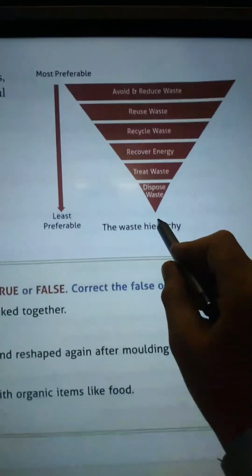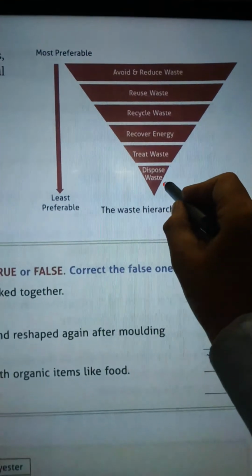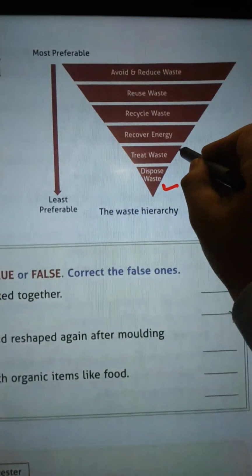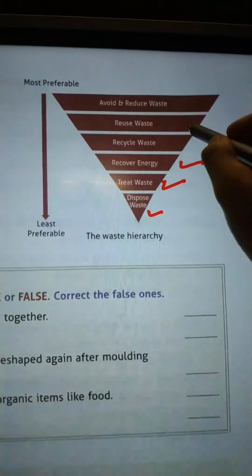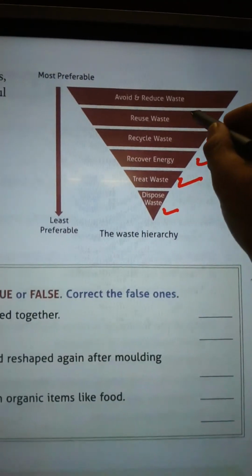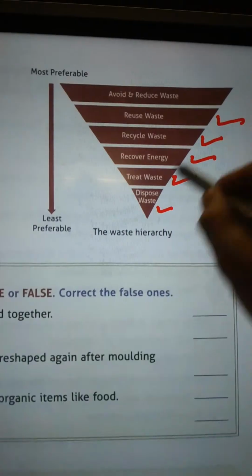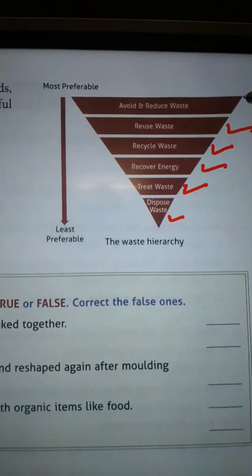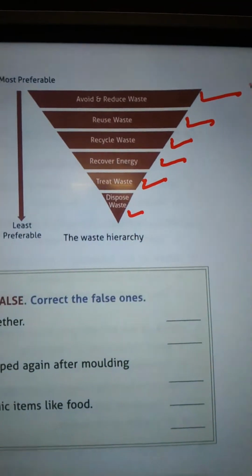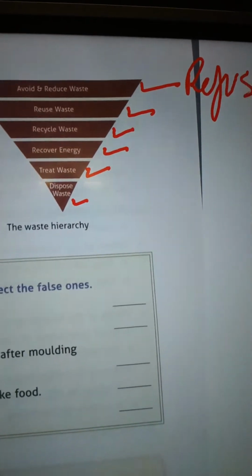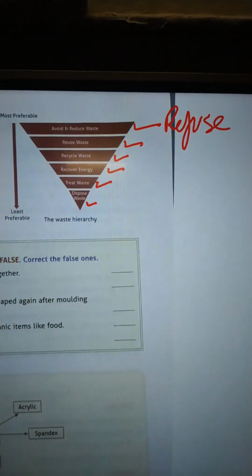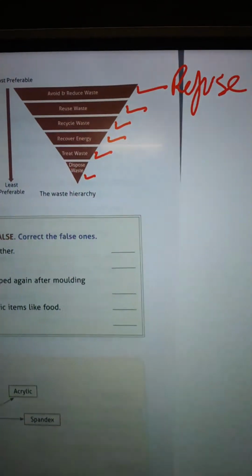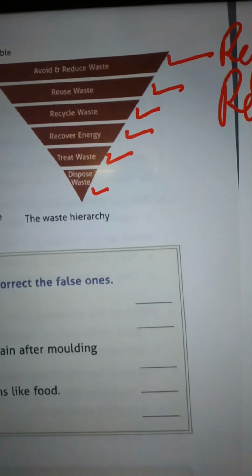So what should you do with plastic? Do not dispose of it. Treating the waste should be done more. Recovering energy from plastic should be done more. Recycling should be done more. Reusing plastic should be done more. And the best is reduce, or I will say refuse. The best way of solving the plastic problem is to refuse plastic. Then next comes reuse.